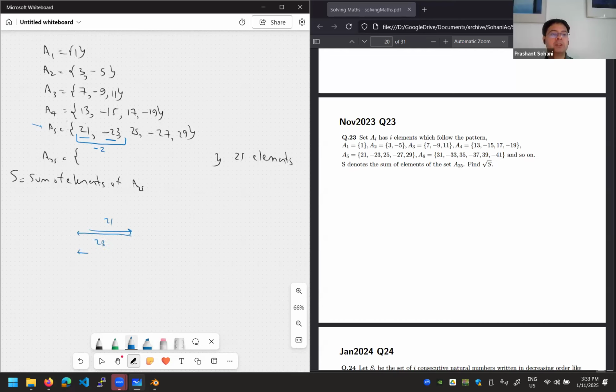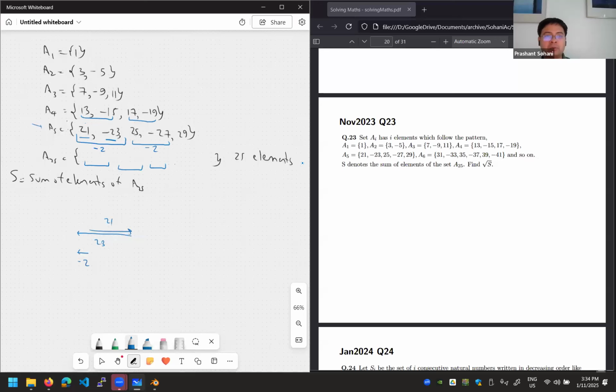So the net displacement is minus 2. And that is going to happen with every pair. Like this pair again, 25 minus 27 is minus 2. So every pair is giving an answer of minus 2.